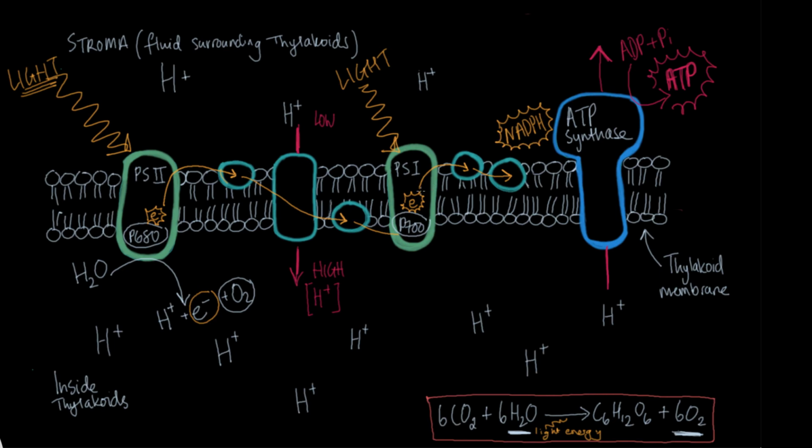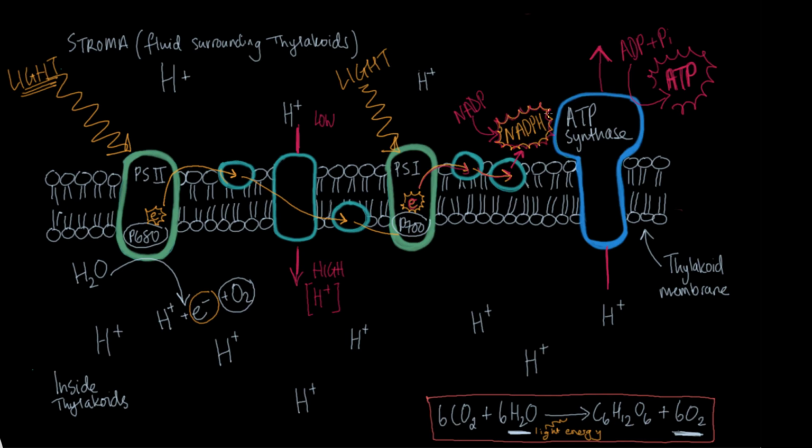We're going to use the energy from light to reduce NADP into NADPH. Remember, we're reducing, it's gaining an electron. Well, this is where the electron's going. It's going on to NADP to make NADPH. So this is another product of the light-dependent reaction.